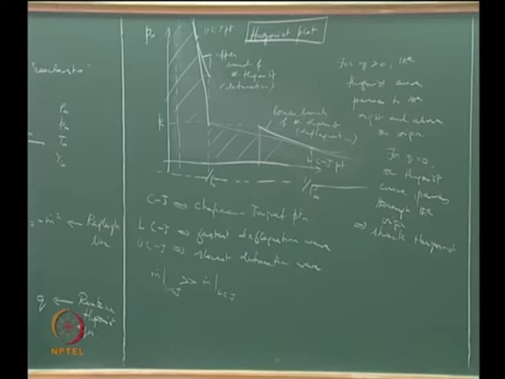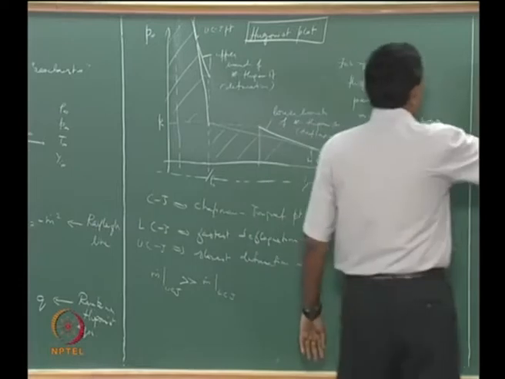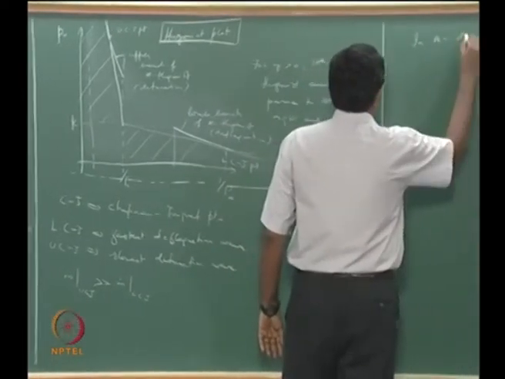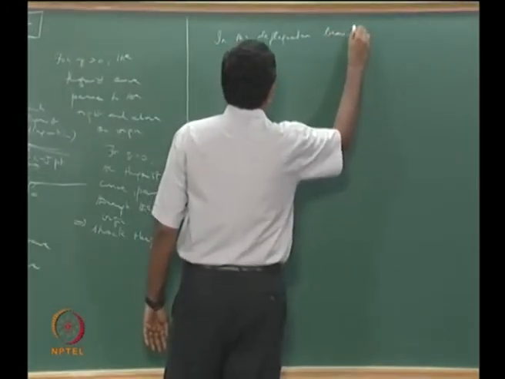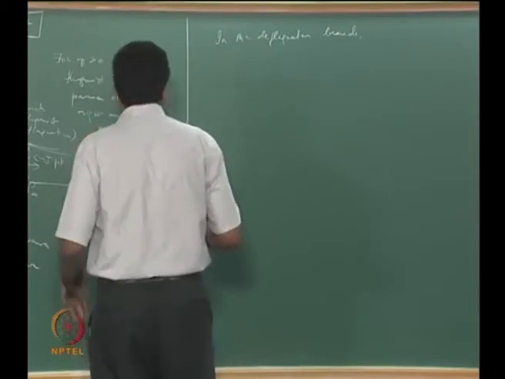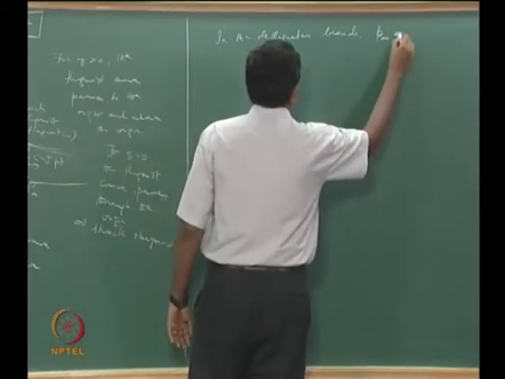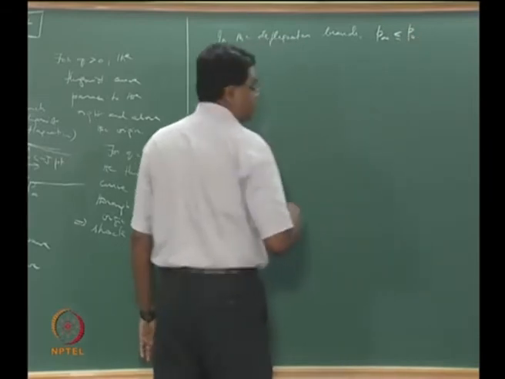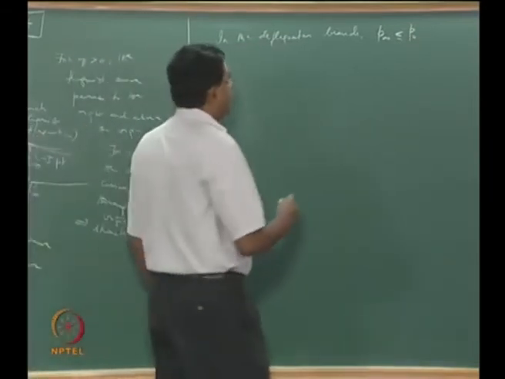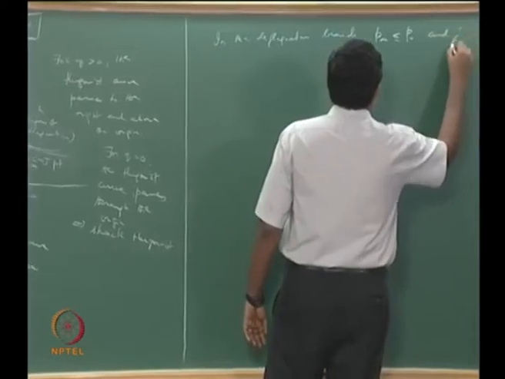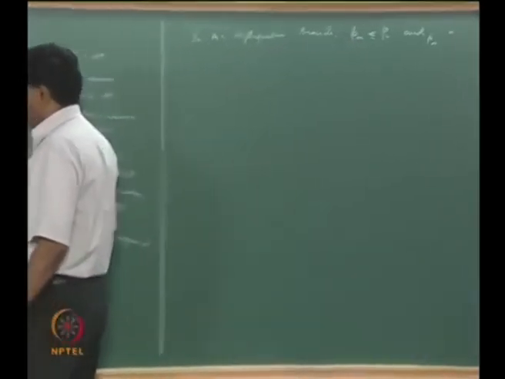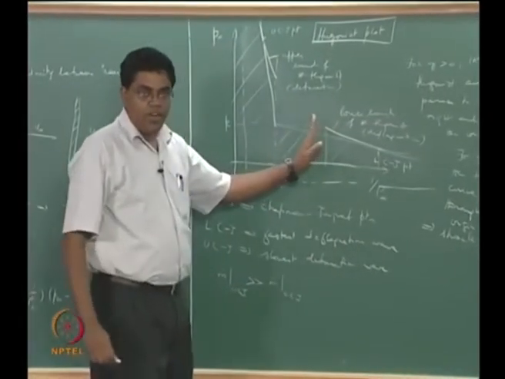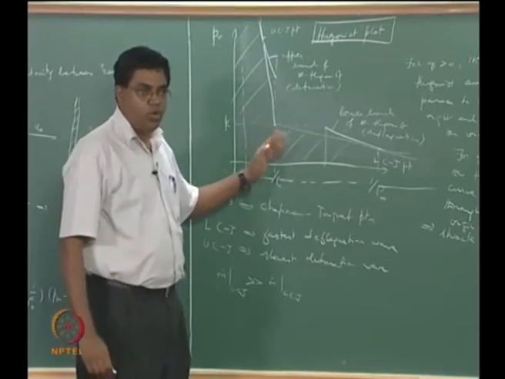So we can go through that, but I think even before that we can point out that in the deflagration branch, P infinity is less than or equal to P naught, and 1 over rho infinity is certainly greater than 1 over rho naught; it would be equal to 1 over rho naught only for Q equal to 0.